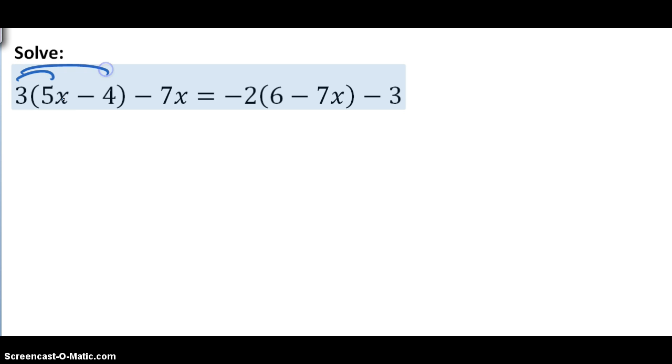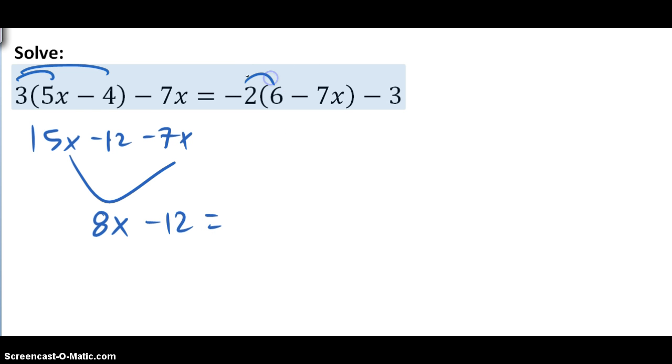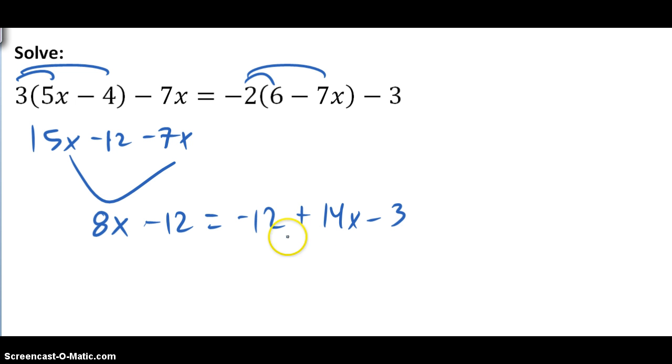So these two should be just like what we learned, 8x minus 12. Over here it's a little different because I think it was a plus 12 before, but it doesn't really matter. And then this is negative 12 plus 14x minus 3, and these two are negative 15 plus 14x.